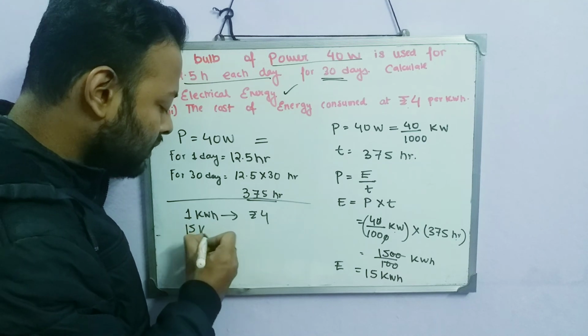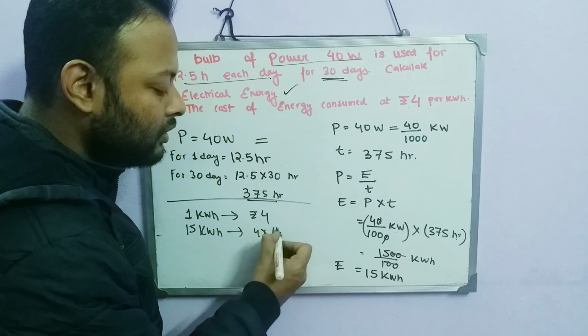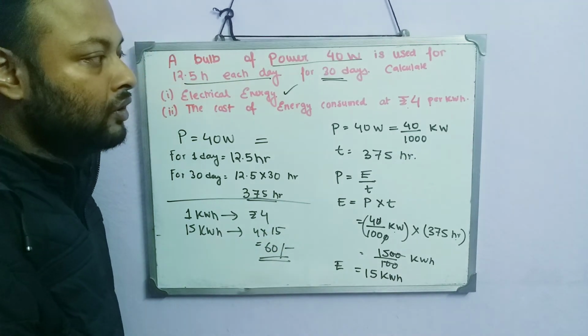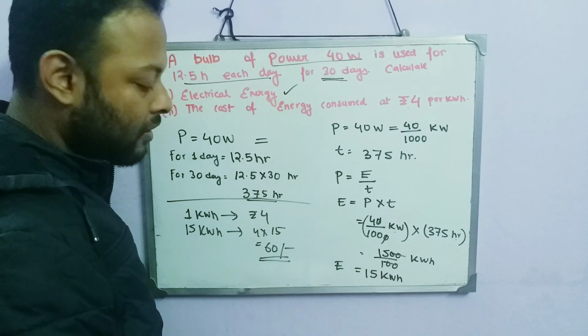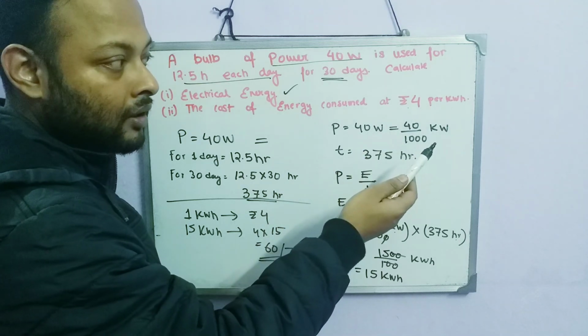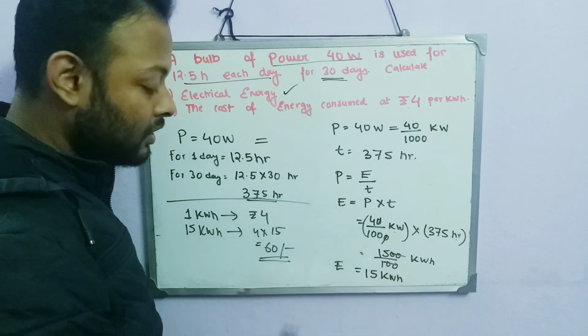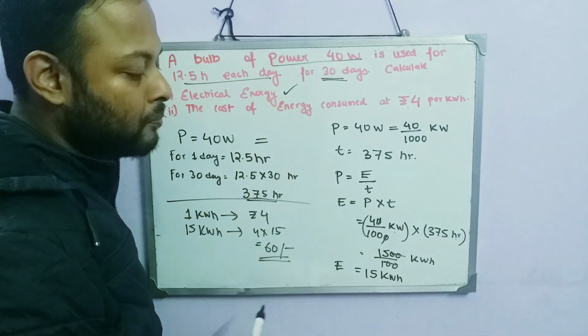So for 15 kilowatt hour, the person has to pay 15 into 4, that is 60 rupees. So the answer of the first part, electrical energy, is 15 kilowatt hour. And at the rate of 4 rupees per kilowatt hour, the person has to pay 60 rupees for this bulb.